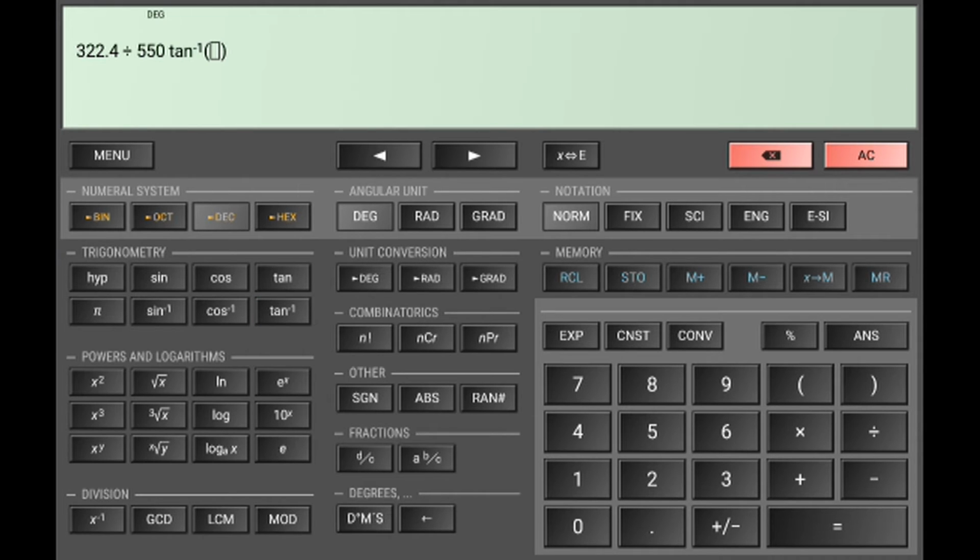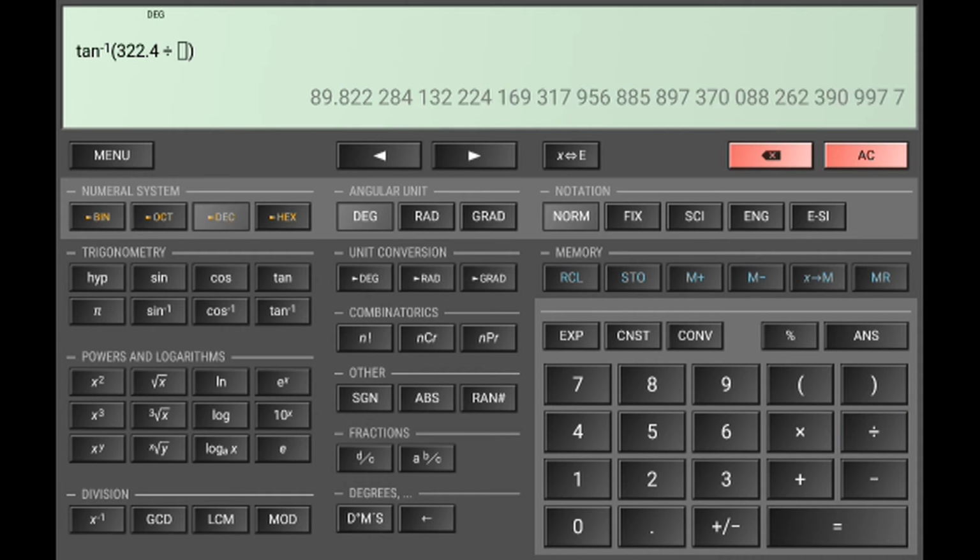So if I clear this, if I do tan minus 1 of, I'm going to write in 322.4 divided by 550, and I get instantly, as you can see here, a huge number: 30.378.